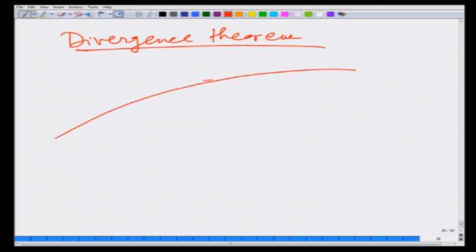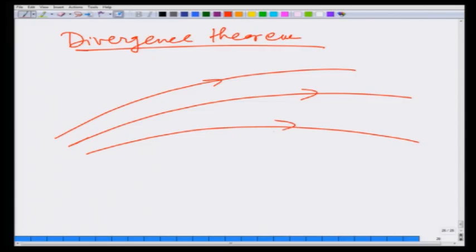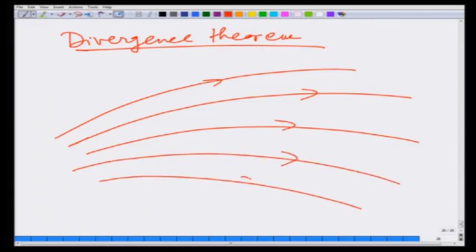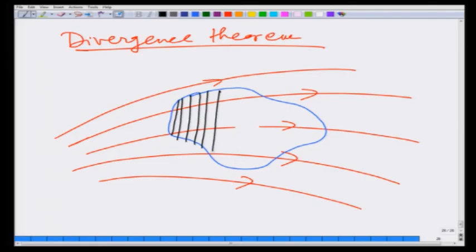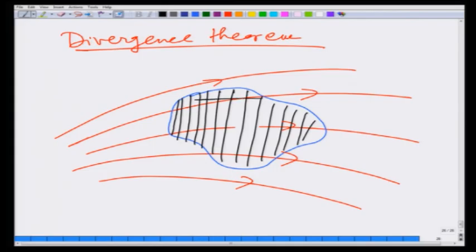Take any vector field and now take a surface which is of arbitrary shape and encloses a volume. So, this is the volume. In this volume, I divide this volume into very small rectangular boxes. Very, very small. I am making it 2 dimension, but assume these are boxes.